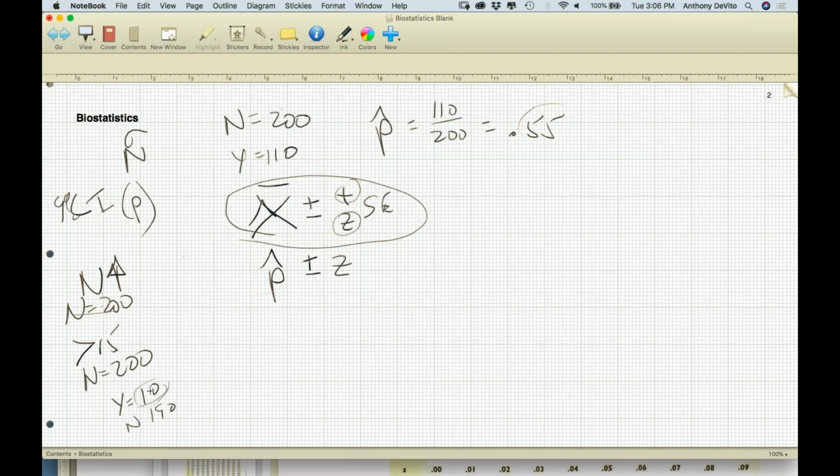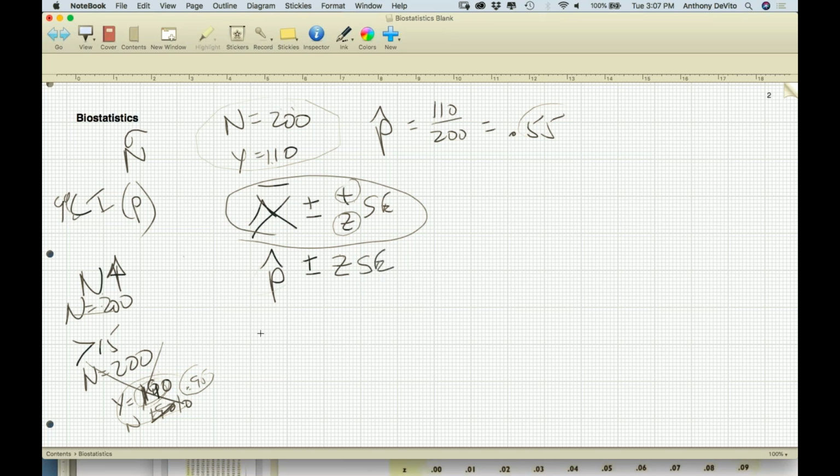We broke that assumption. And the other side doesn't work either. We can't say that the yes is 190, making the no's 10, so that it's 0.95, because the no's are too small. But in most cases, these are both bigger than 15, and the total sample size is large, so we can go ahead and use the z-score times the standard error.